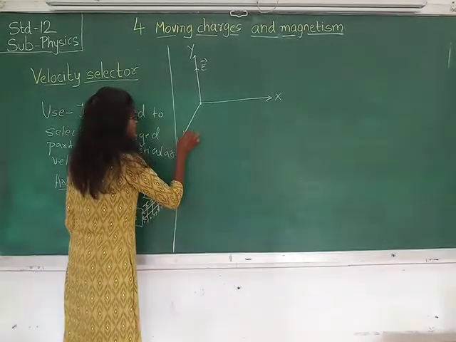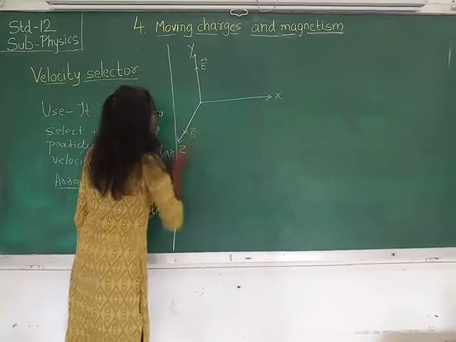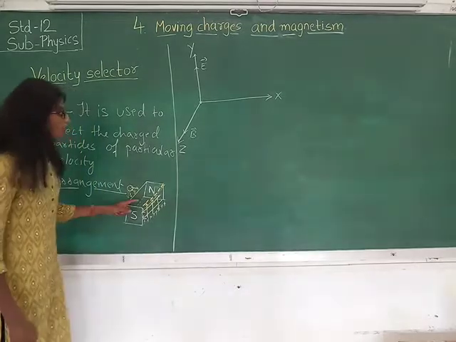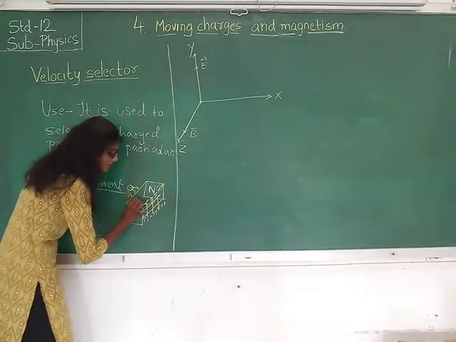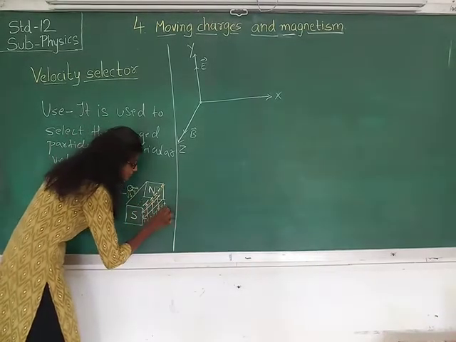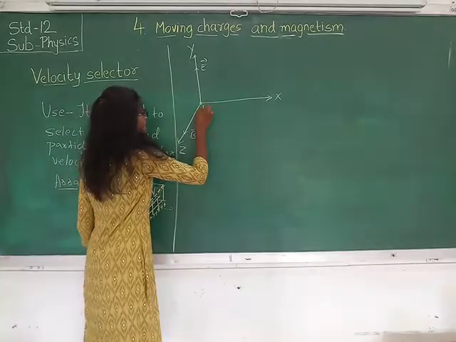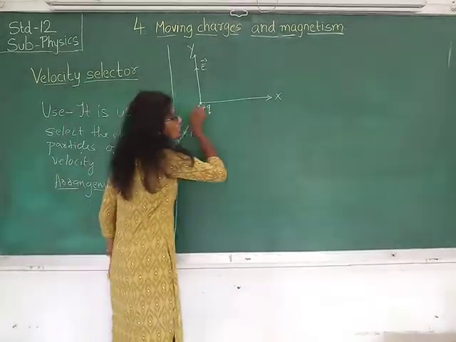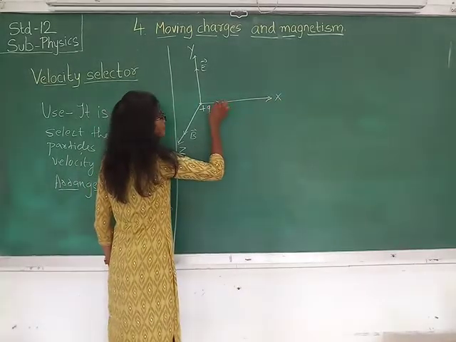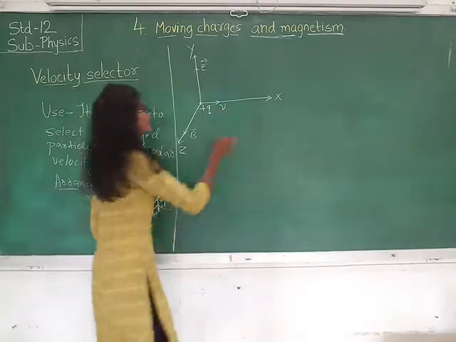So let us take the z-axis for the magnetic field, that is vector B. Now a charged particle enters and moves in this direction. Let us consider that a positive charge +q moves along the x-axis with a particular velocity, let it be vector v.